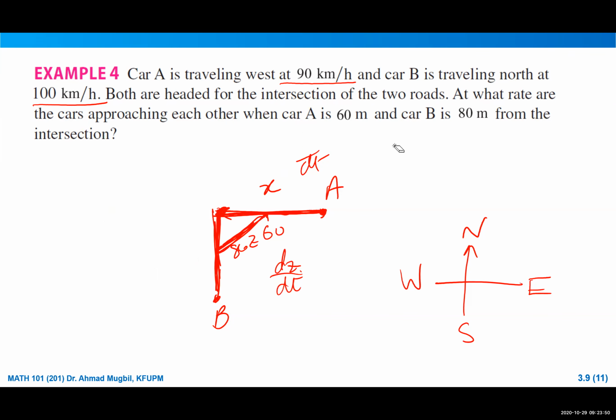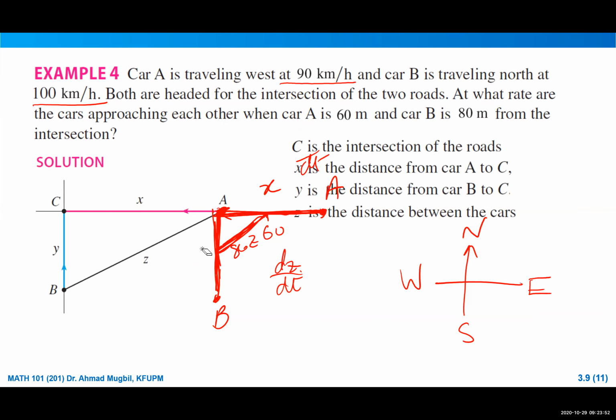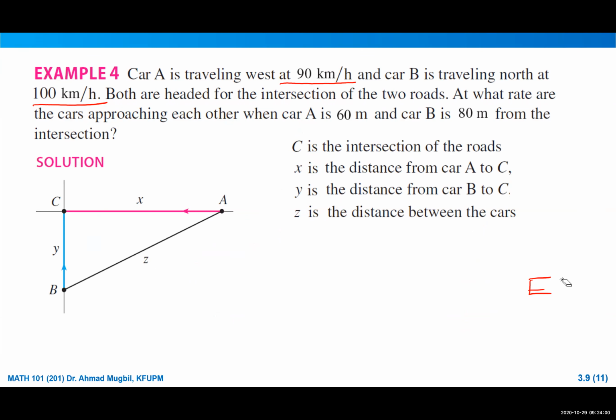Let me make it clear. I think the graph here will be better than mine. So what we have here is a car that is going this way, and another car that is going this way. This distance is a variable, so let's call it X, and this is a variable of time, of course.